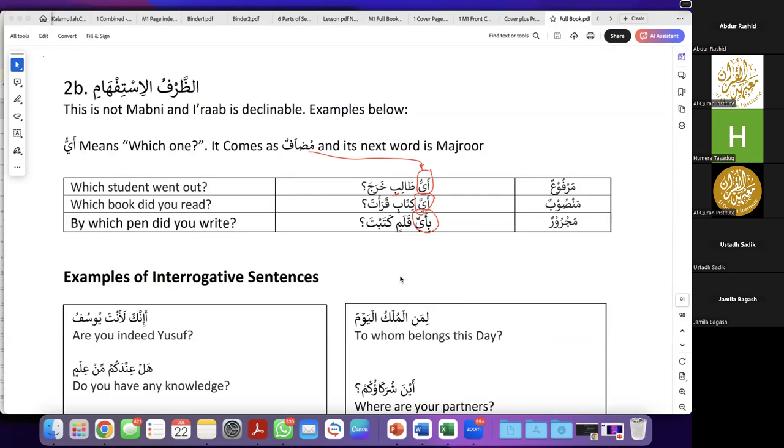So ya has a kasra. Bi ayyi qalami katabta. By which pen did you write? So qalami is kasra because the zarful istifham ayyi is playing the mudaf role.